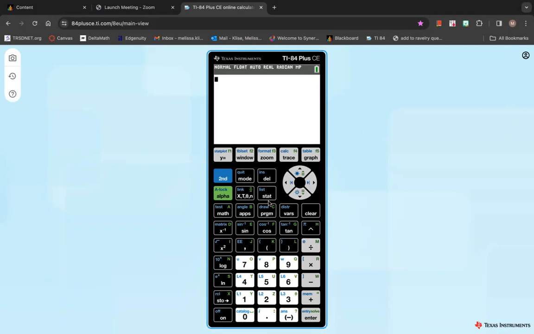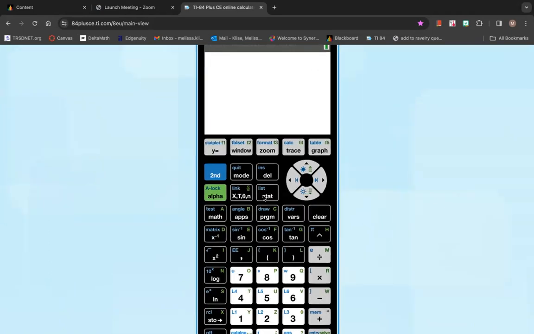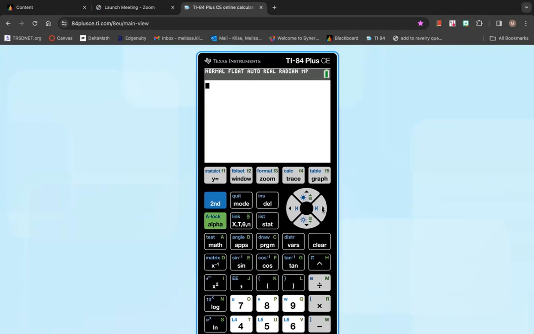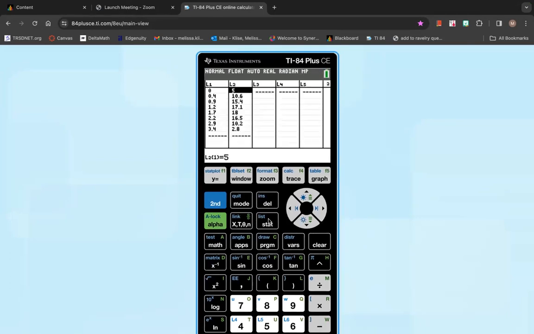So this button right here says stat. It's right next to your circles with arrows. You hit the stat button and we want the first option, which is edit. And it's going to bring you to this screen that has lists on it. We want to use the first list.